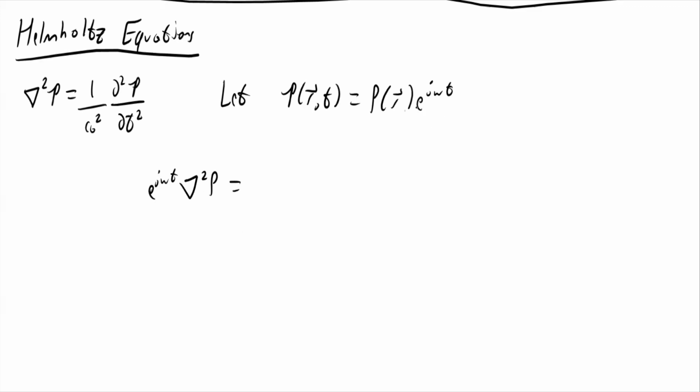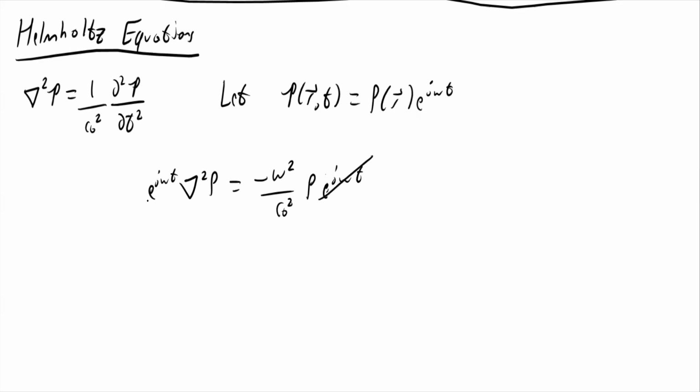This is equal to two time derivatives of e to the j omega t, which gives us negative omega squared, because the j's multiplied together give negative 1, over c squared, and then we're just left with P e to the j omega t.